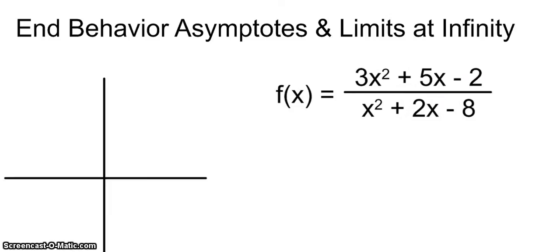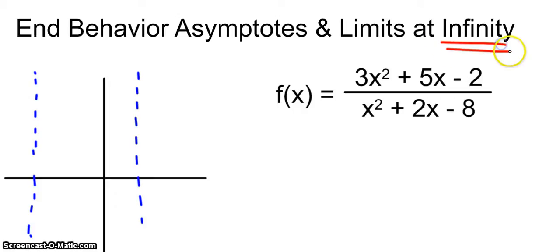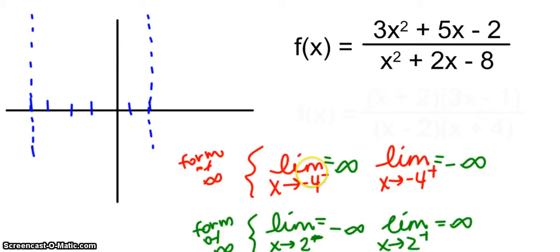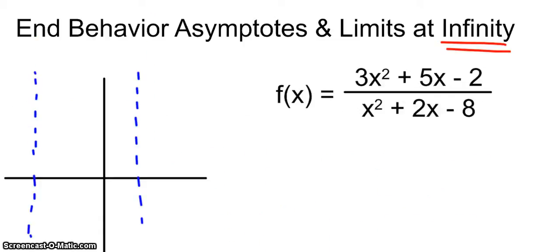End behavior asymptotes. Okay, again, I'm going to sketch in our graph. You already knew that these two vertical asymptotes existed. End behavior asymptotes help us as we talk about limits at infinity. So here we had the limit as x was approaching a specific value, and our result was a form of infinity.